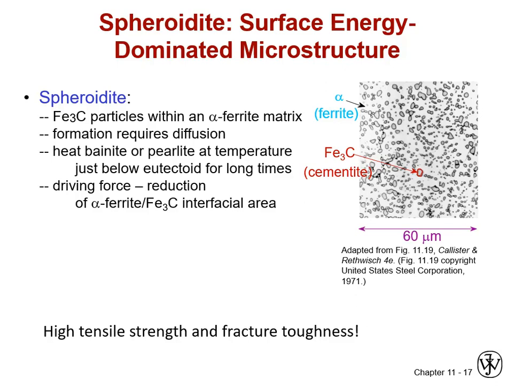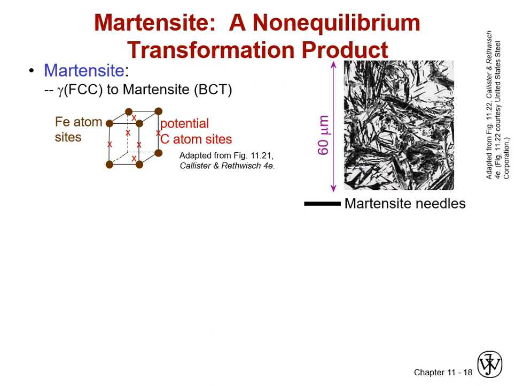But this is an example of what you can achieve in terms of an excellent combination of properties just by performing an isothermal hold in a way that takes that surface energy and uses it to your advantage to make things round.